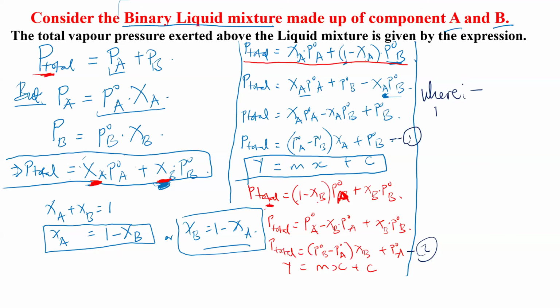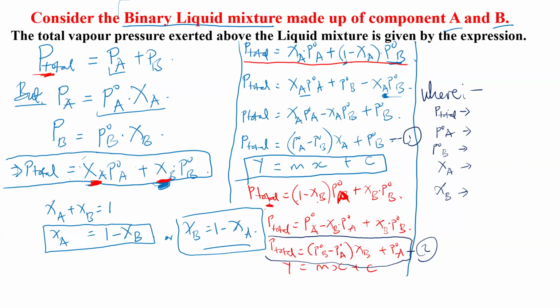The first one is P total. The second one is P naught A. Another one is P naught B. Another one is this one. The other ones we have already talked about. What is remaining is X.